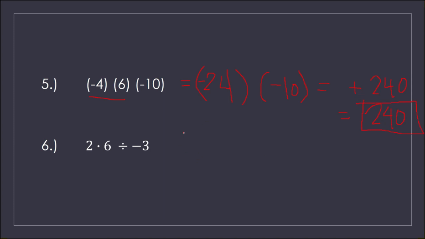Alright, let's continue. So we have here 2 times 6 divided by negative 3. According to GEMDAS, do you remember what GEMDAS is? Have you learned that before? GEMDAS is the order of operations. It helps us decide which one to do first when there's a lot going on.